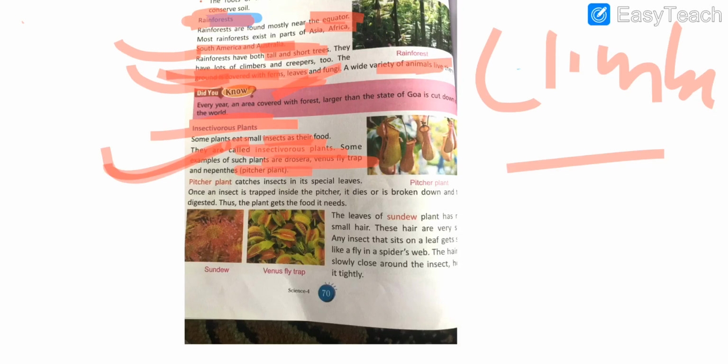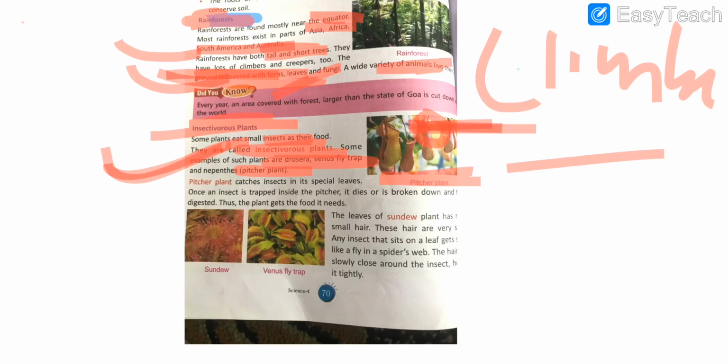You can see the diagram of pitcher plant over your books. This is an insectivorous plant. Students, pitcher plant catches insects on its special leaves. As you can see in your books, here if an insect sticks over this place, what happens?